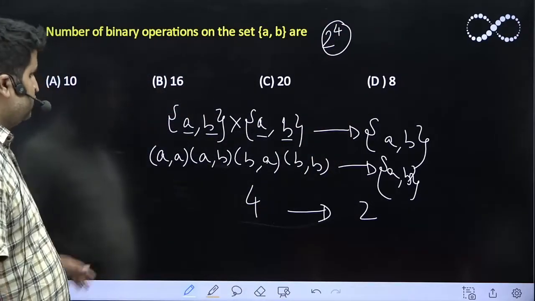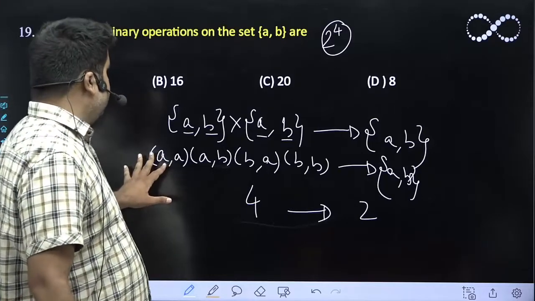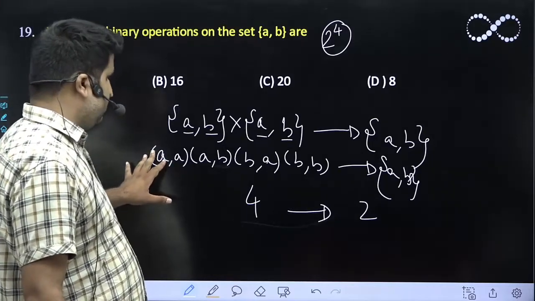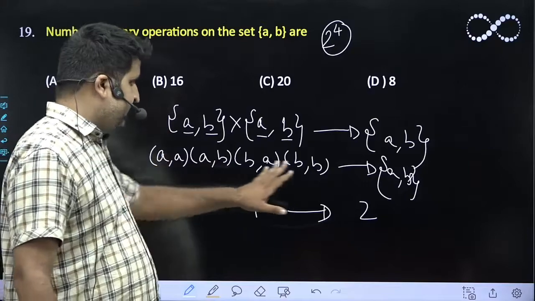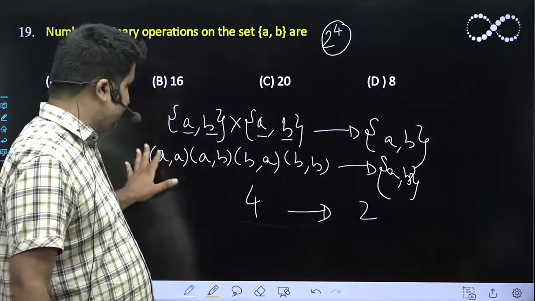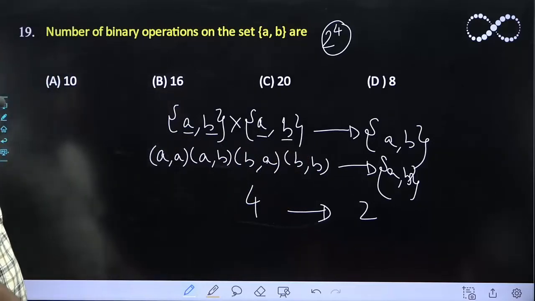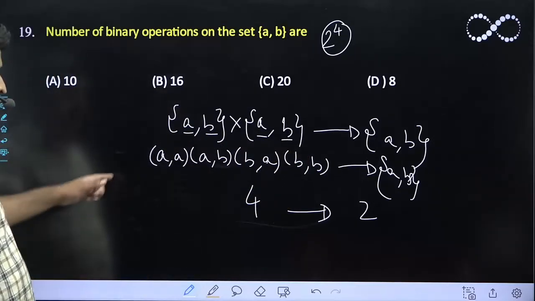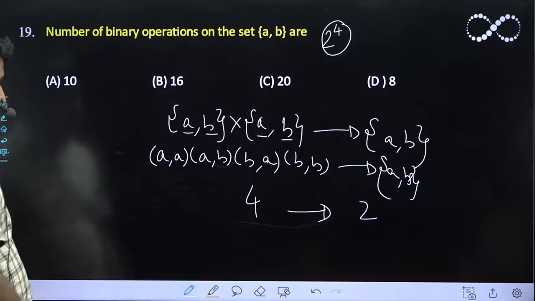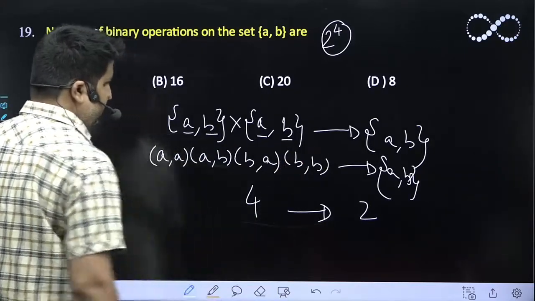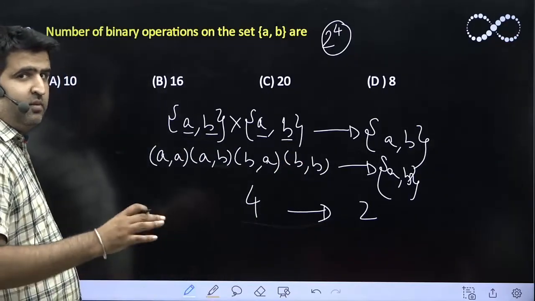Okay, so if we are checking binary operations between these, these are 4 different ordered pairs which we are getting. So the total number of binary operations will be equal to 2 to the power 4, since the ordered pairs are actually in the form of 2 elements.